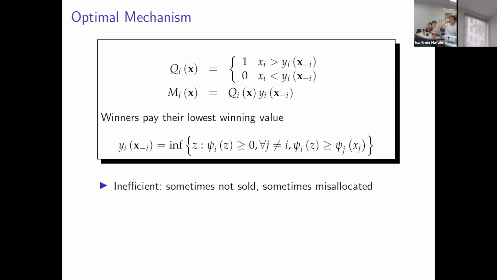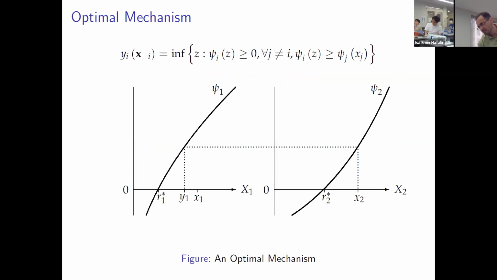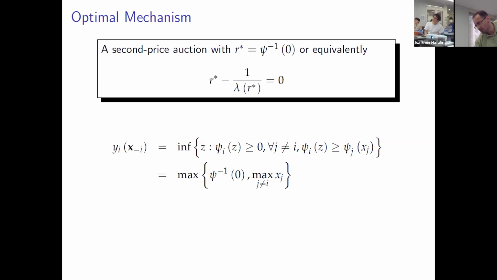This is the asymmetric case. So there is inefficiency, sometimes misallocation, sometimes no allocation. For the optimal mechanism, this shows that for different value distributions you will have different phi, and that will give you inefficiencies or misallocations.